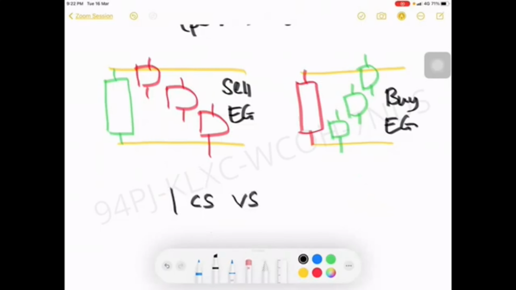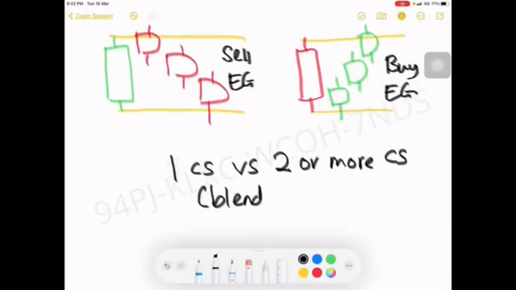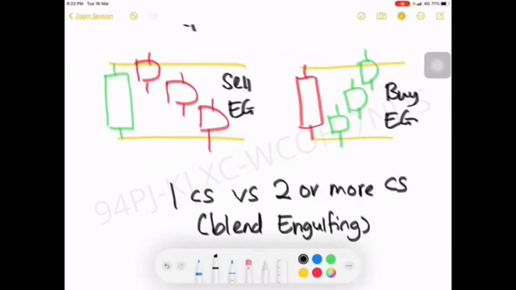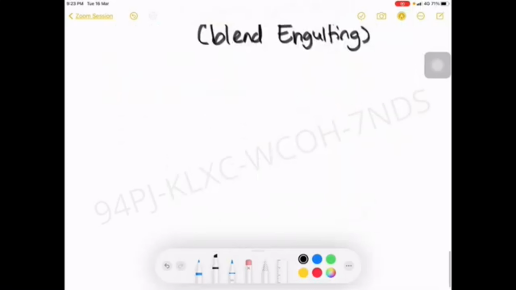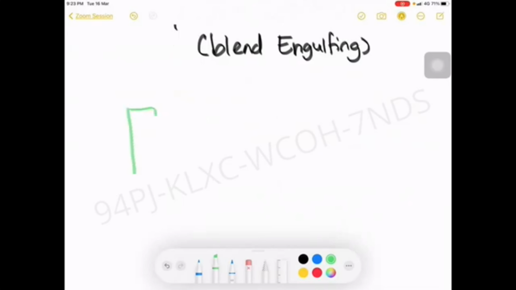Yes. It can be one candlestick or more candlesticks being engulfed.